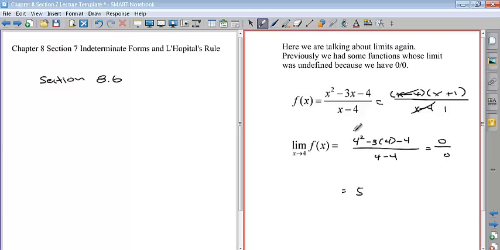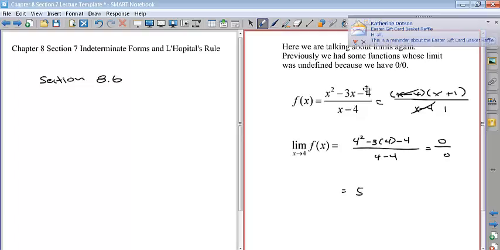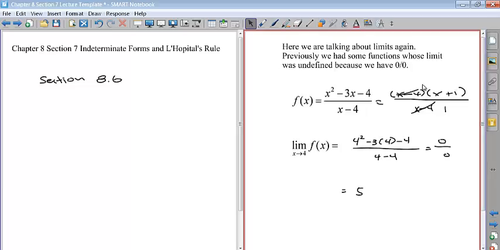So the limit of this function as x approaches 4 is 5, even though the original value is indeterminate. Now the problem is that there are other rational results where you have some function divided by another function where you get an indeterminate result, but you can't use one of the techniques that we've already talked about.